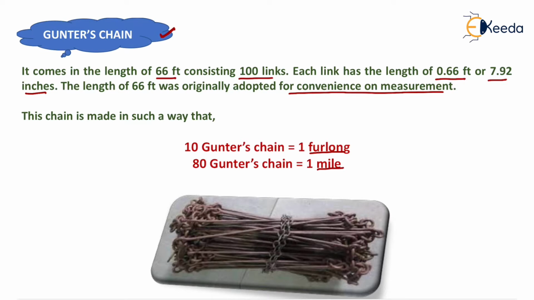So he adopted the 66 feet length, so that if he stretches 10 Gunters chains, it will be equivalent to 1 furlong, or if he stretches 80 Gunters chains along a straight line, it will be equivalent to 1 mile. That's why the 66 feet length was originally adopted for the convenience on measurement.